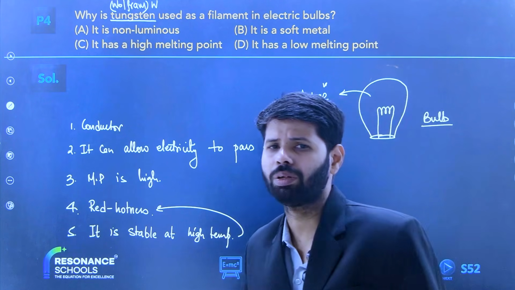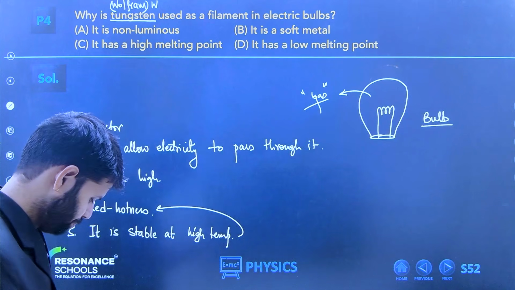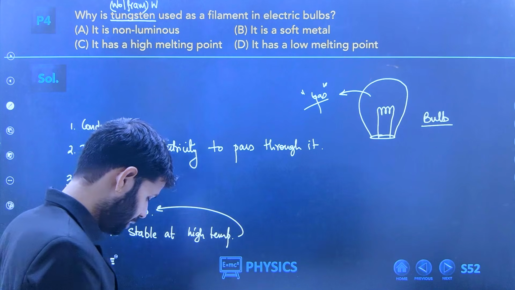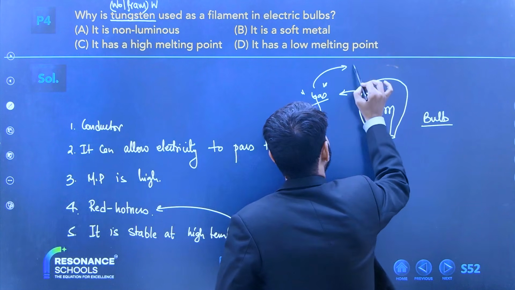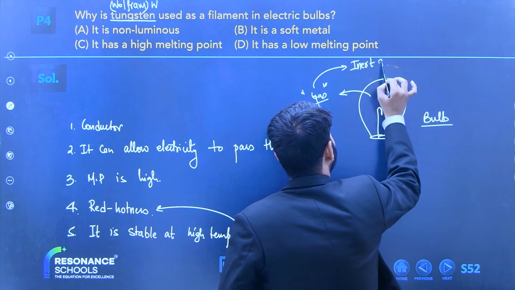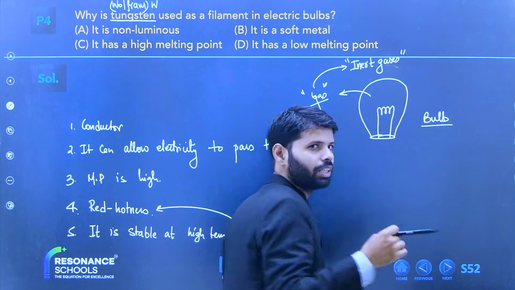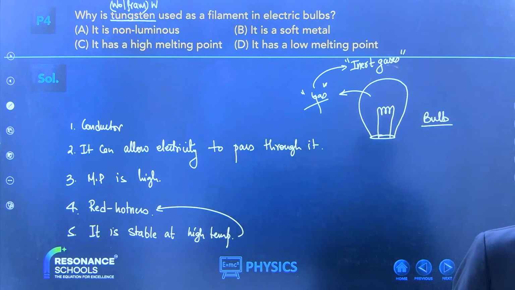No. In LED bulbs, that is a different kind of thing. Okay. So many messages. Argon gas. Yeah. So actually, these kind of gases are known as inert gases. Can you tell me what are inert gases? You study chemistry, no?